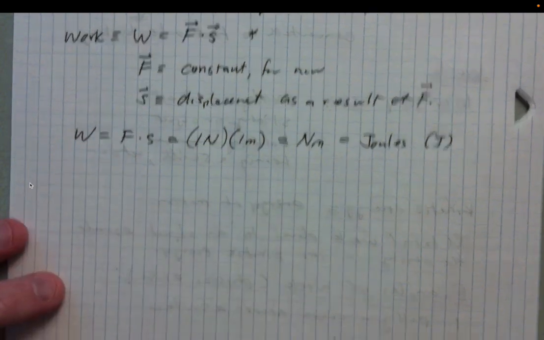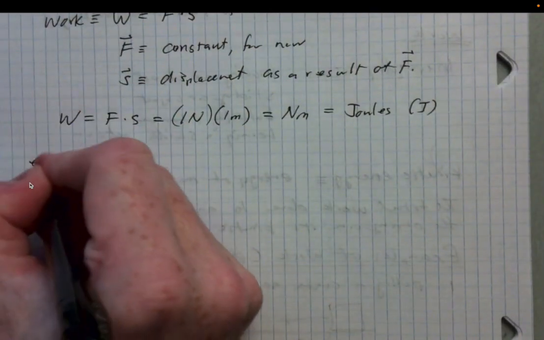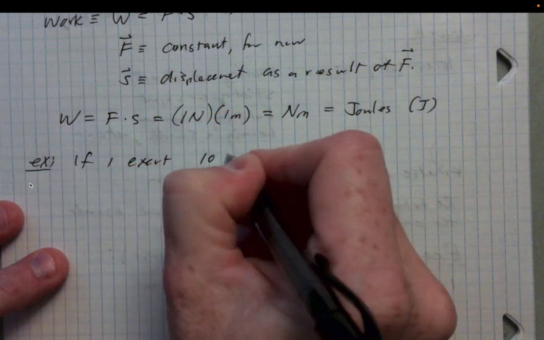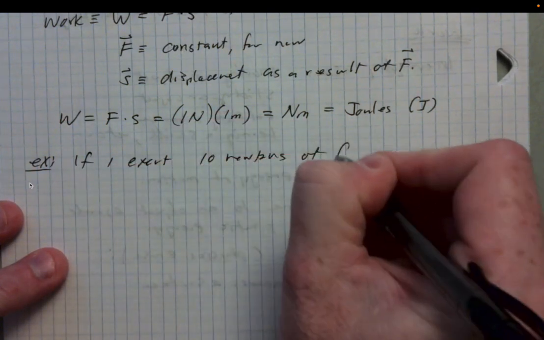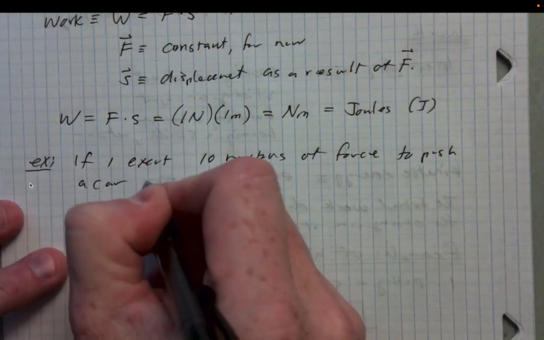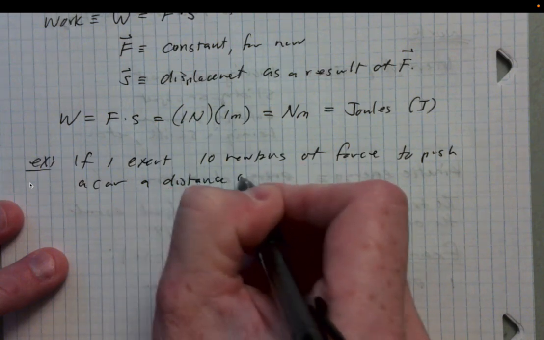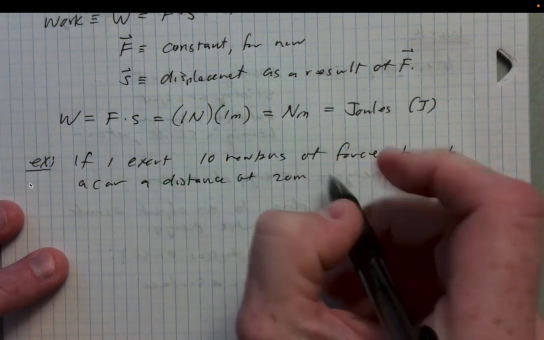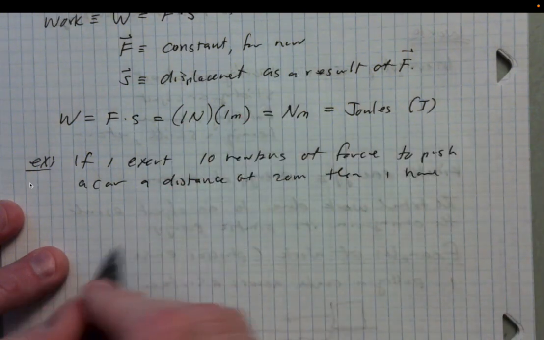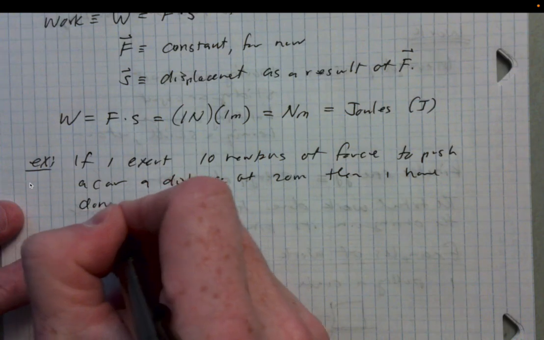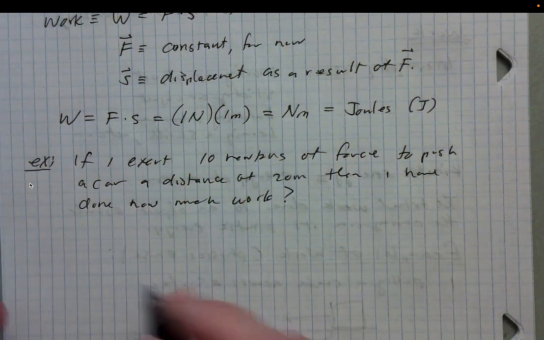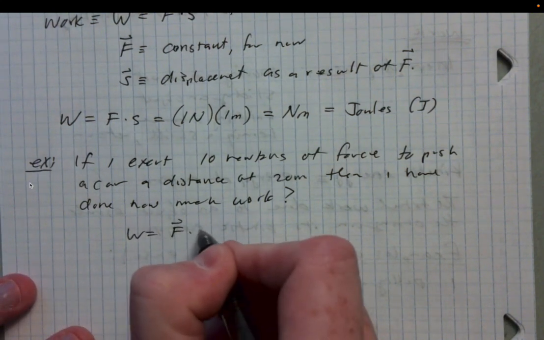Let's do a simple example just to make sure it's tracking. If I exert 10 newtons of force to push a car a distance of 20 meters, then how much work have I done? Well, work is equal to the force times the displacement, right?